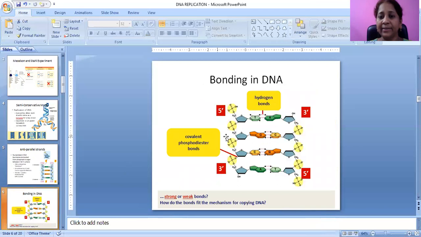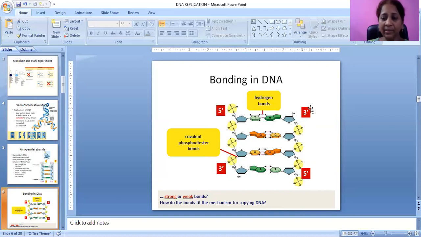Bonding in DNA. As I have already said, DNA consists of deoxyribose sugar and phosphate, shown in yellow color. Between adenine and thymine there are 2 hydrogen bonds, between guanine and cytosine 3 hydrogen bonds, and between phosphate and ribose sugar, covalent phosphodiester bonds.